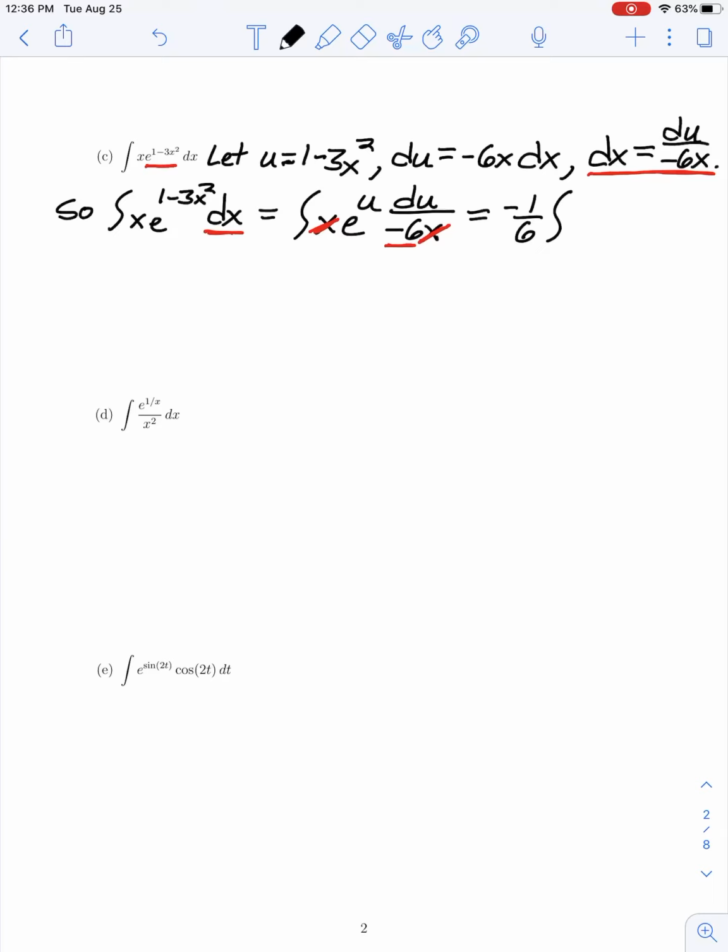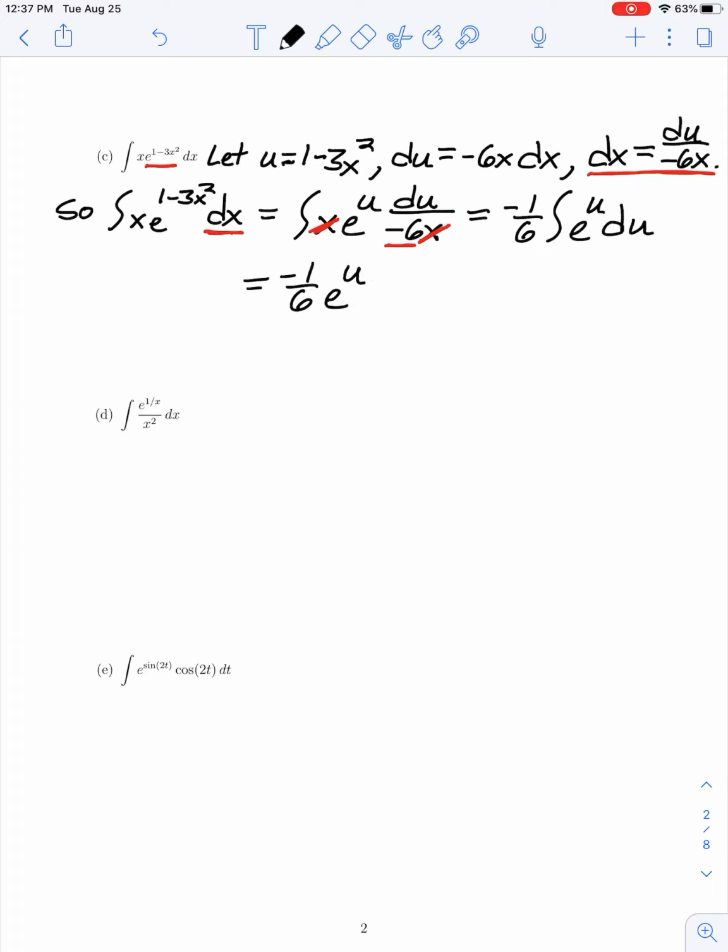And then we still have within the integral e to the u du. So this new integral that I have in terms of u is, of course, much easier to handle. We know that we have a constant negative 1/6, and the antiderivative of e to the u is e to the u.